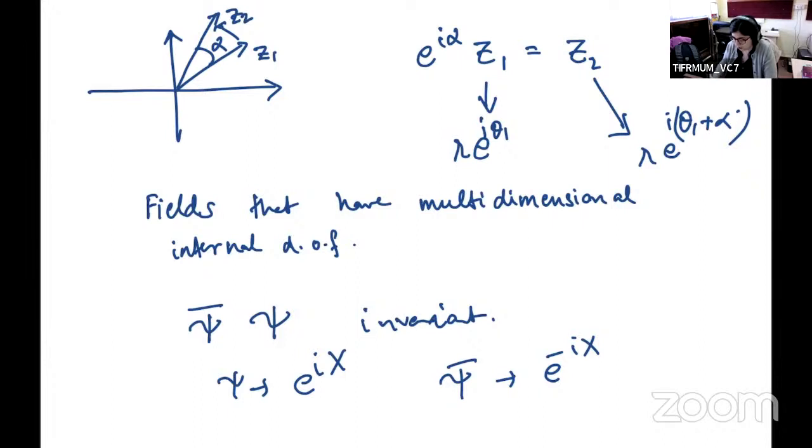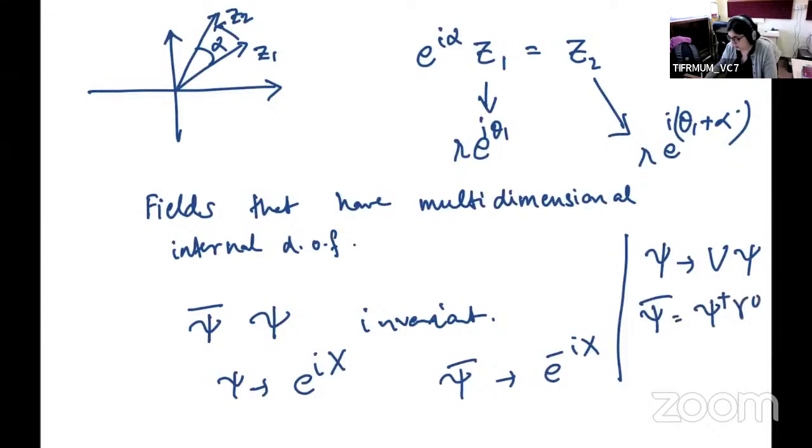Okay? So you can just also write it as psi going to U psi, and psi bar goes to... So remember, psi bar is psi dagger gamma 0. So this would be psi dagger U dagger gamma 0, right? And the gamma 0 will commute with this U because they have different dimensions.